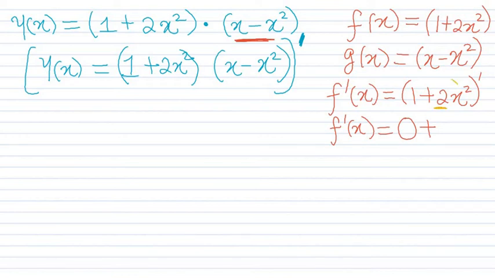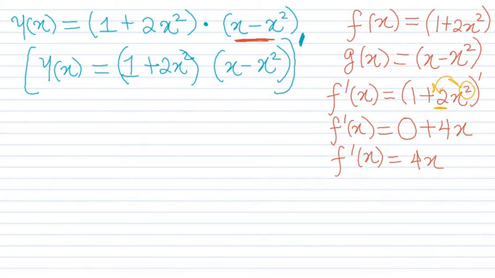So we bring the exponent 2 down, multiplied by 2, and we get 4x, and we decrease the power of x, which is 2, by 1. So f prime of x becomes 4x.